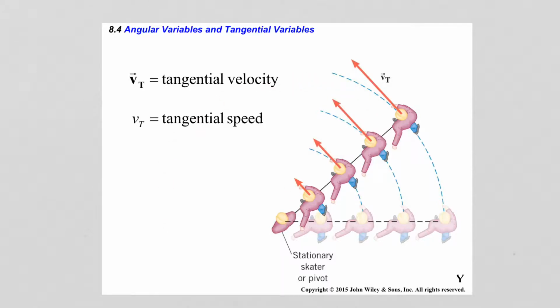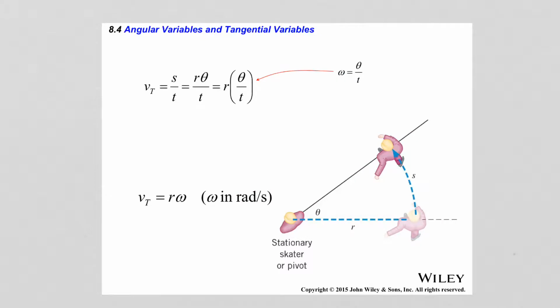So, since this is a circular motion, there has to be a relationship between the linear velocity for each skater and the angular velocity of rotation around this axis of rotation for each skater. Now let's look at only one skater. The skater that is in the center of the circle, and then the second skater is the skater that goes around the circle.